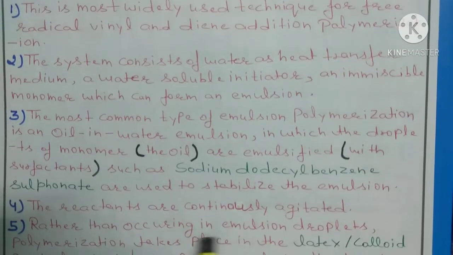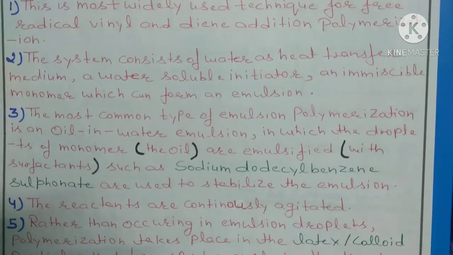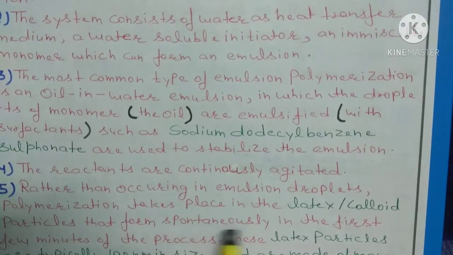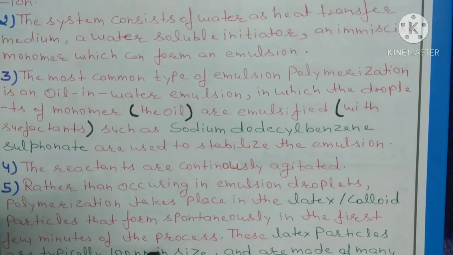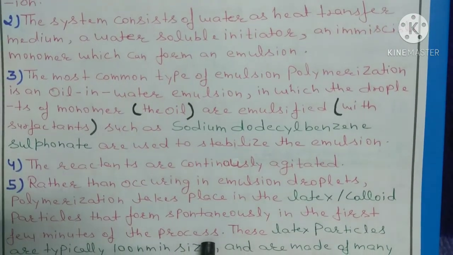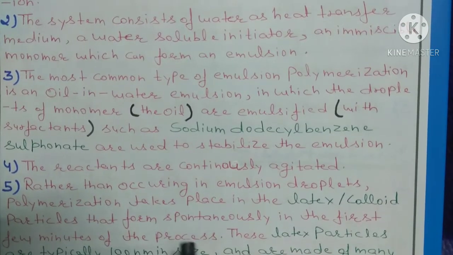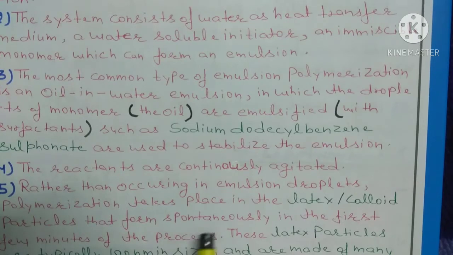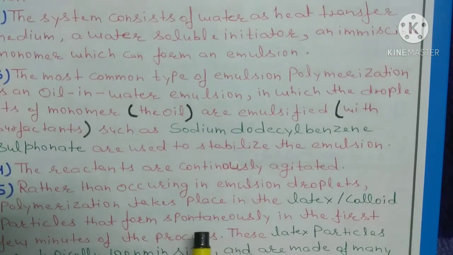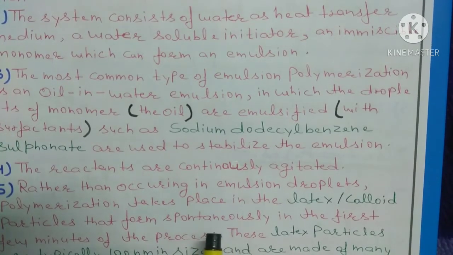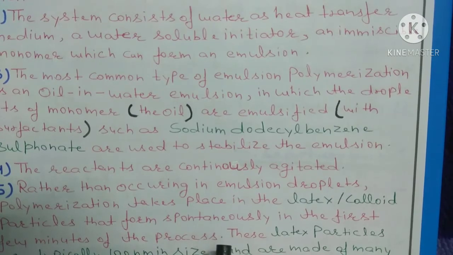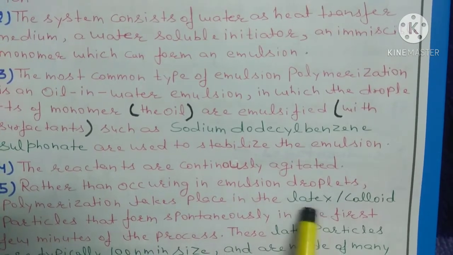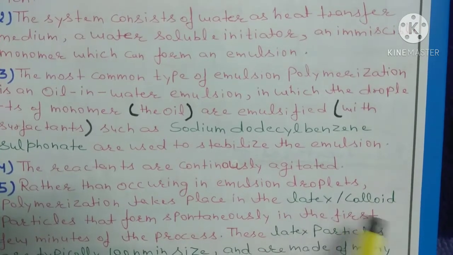Rather than occurring in emulsion droplets, polymerization takes place in the latex colloid particles that form spontaneously in the first few minutes of the process. So these monomers are immiscible in the water. After agitating, these monomeric units get inside the water, but inside the water they will form latex.